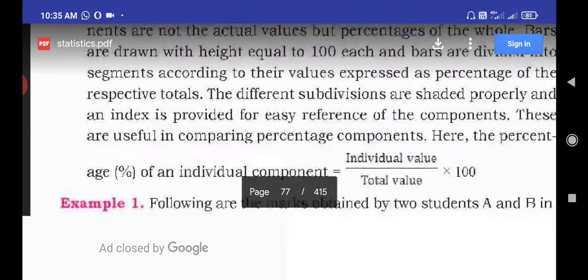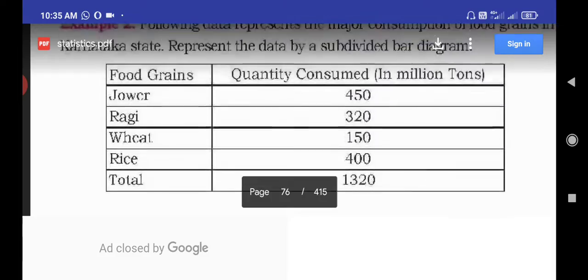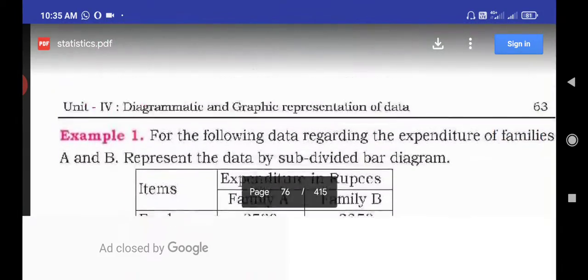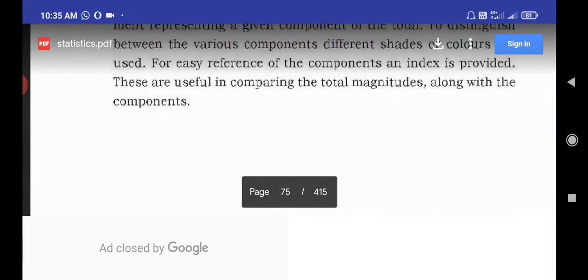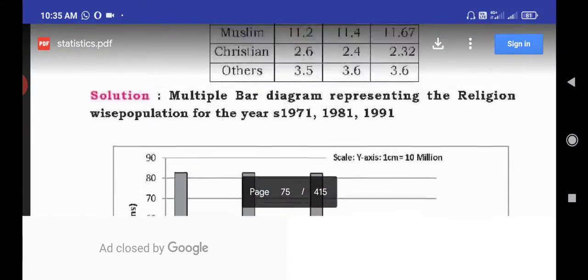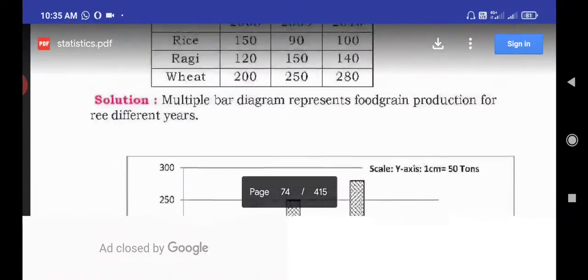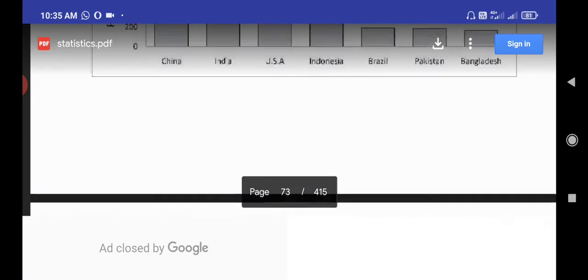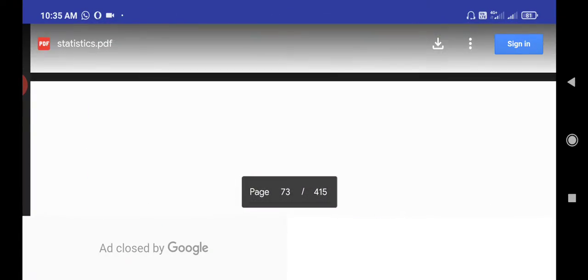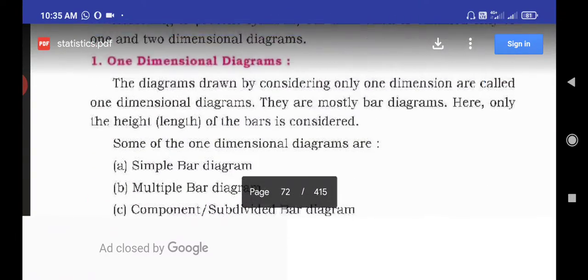Okay students, let us know what the types of diagrams are, and what the types of simple bar diagrams are. Once again I will repeat the types of diagrams.